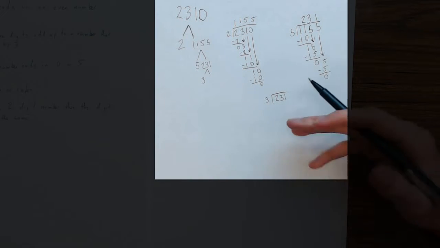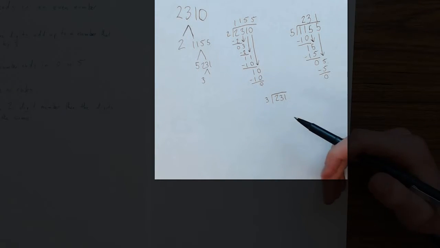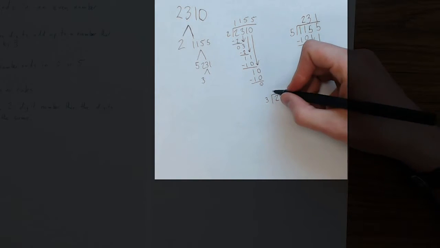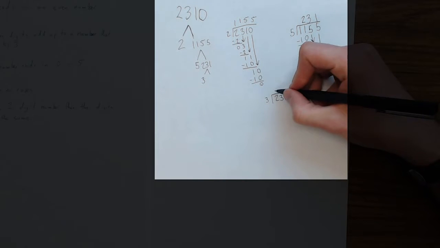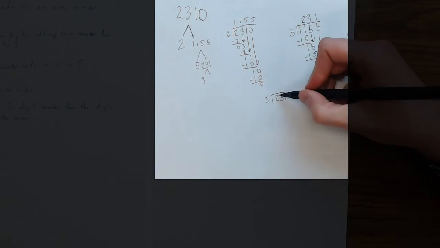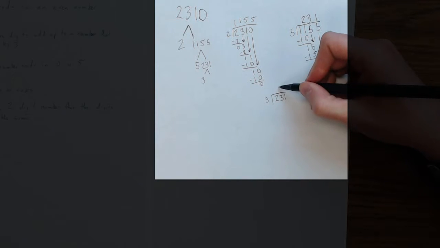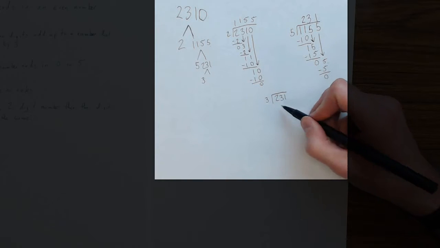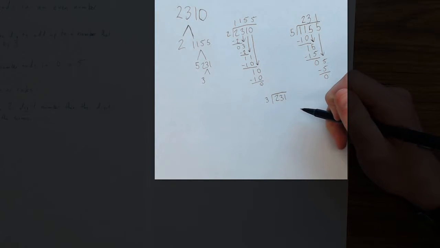Well, not evenly, and that's what we're looking for. We want it to go in at least once, and it would only go in a fraction of that. So you can put a 0 up here. If you don't want to, you just have to remember that the next number you write is going to be above this 3. So how many times does 3 go into 23?